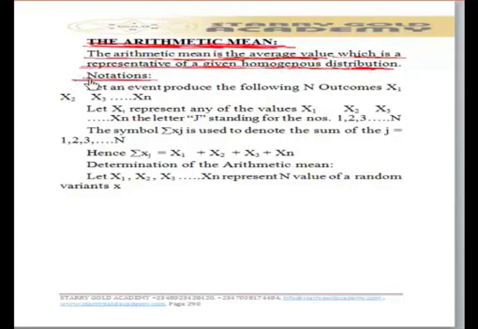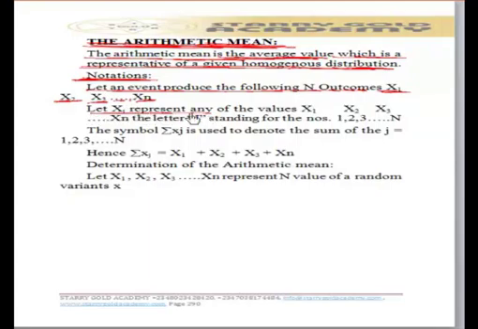We have certain notations that are used to describe the arithmetic mean. Let an event produce the following n outcomes. Let's say we have x1, x2, x3, x4, x5, up to xn.